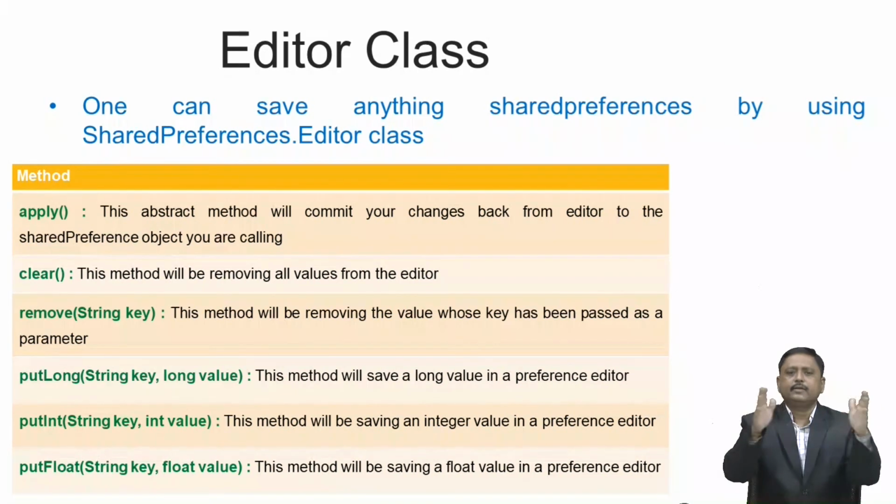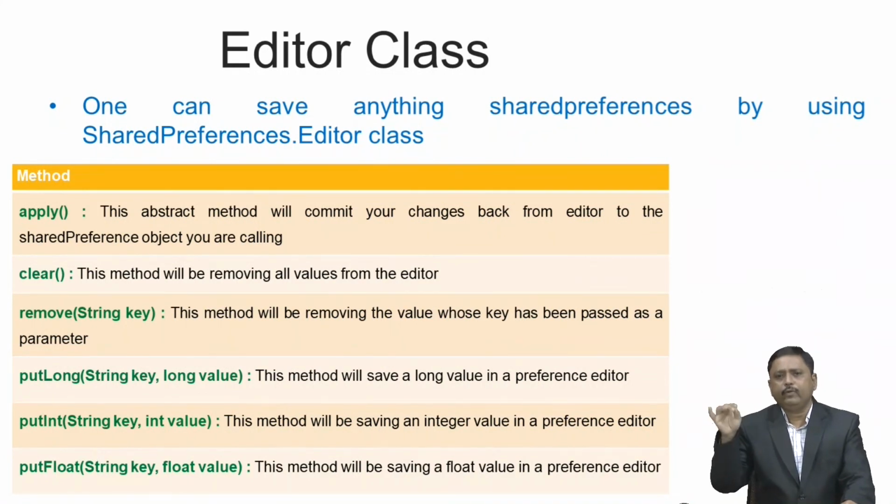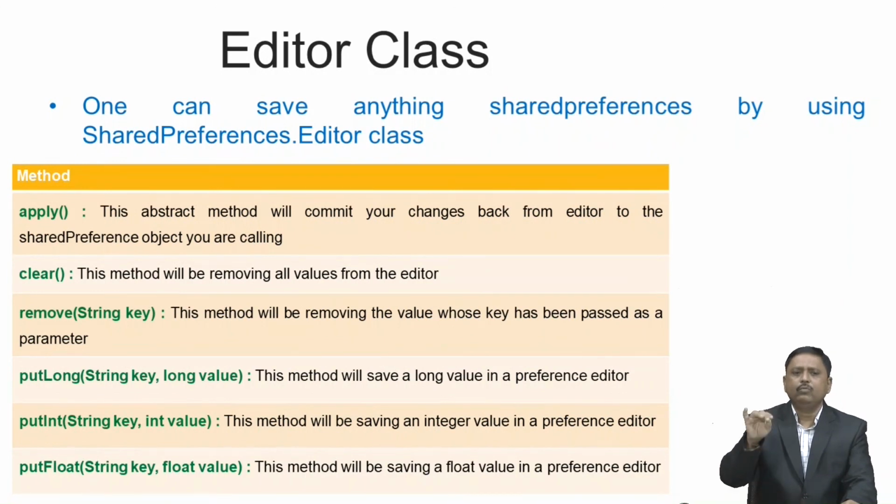So here are some methods that you can use with the Editor class. The abstract method commit will commit your changes back from the editor to the SharedPreferences object you are calling. Then there is clear, which clears or removes all values from the editor. If you want to remove a particular value, then you can say remove and key.